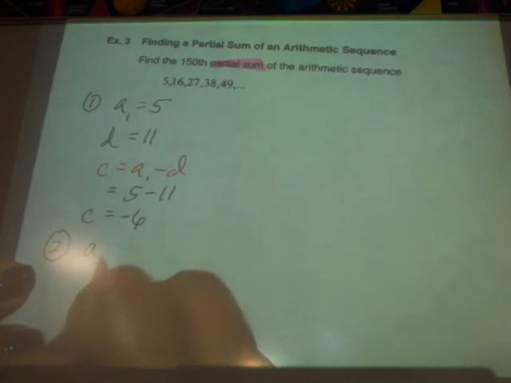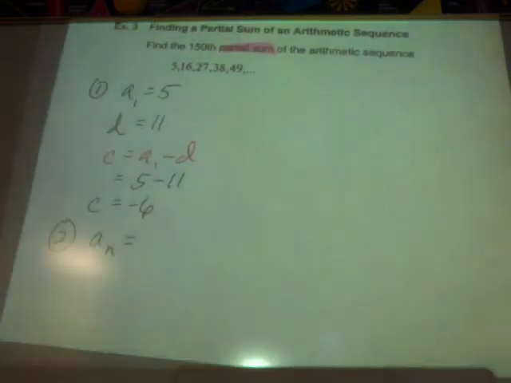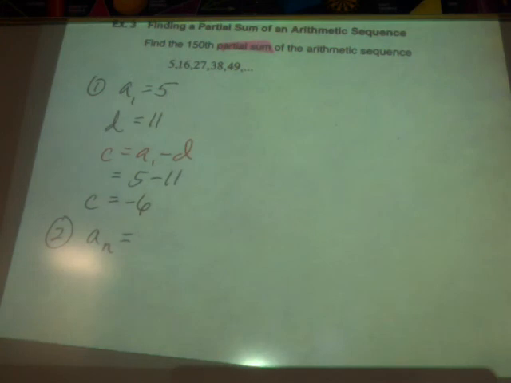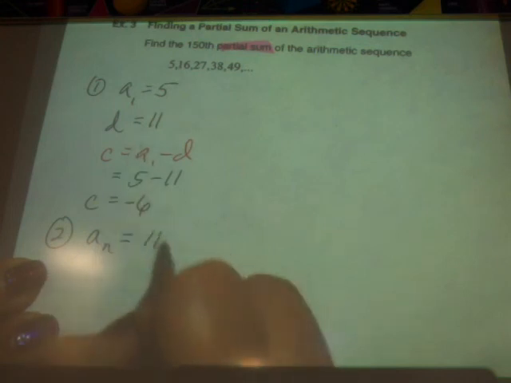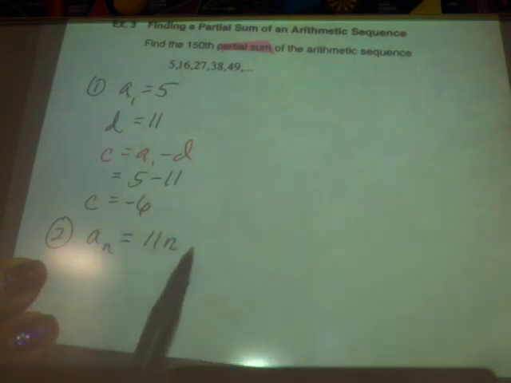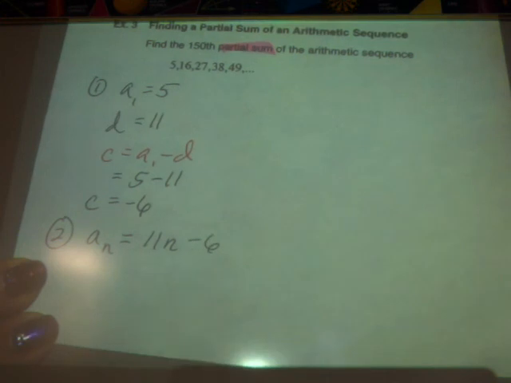So a sub n is equal to what? It's dn, right? So d is 11. And then what goes here? Minus the 6. So there's our general formula.